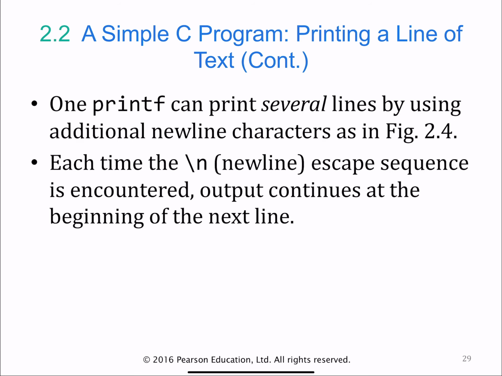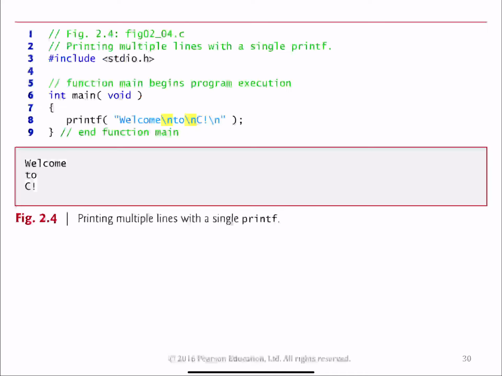And you can also do the reverse. You can have a single printf statement print out multiple lines of text. You can do that by inserting the new line escape sequence inside the single string of the single printf statement that you have. Here's an example of that.